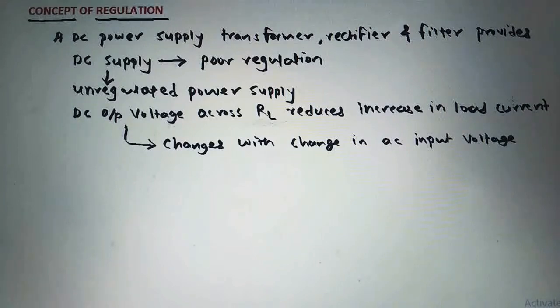Because of these two reasons, the DC power supply has poor regulation, and this DC power supply with poor regulation is called an unregulated power supply.